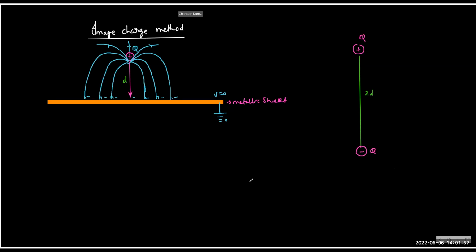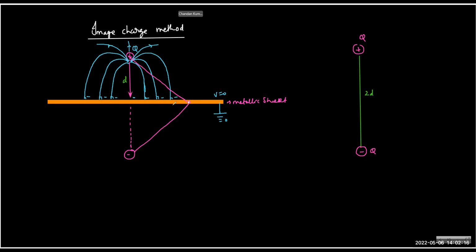And why is this assumption valid? Because if you just consider an opposite negative charge, then the potential at any point will have equal contribution from the up and below, and this will add up to 0. Understood?